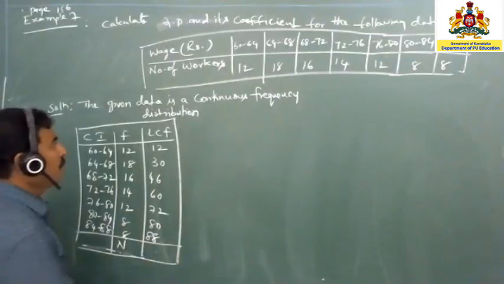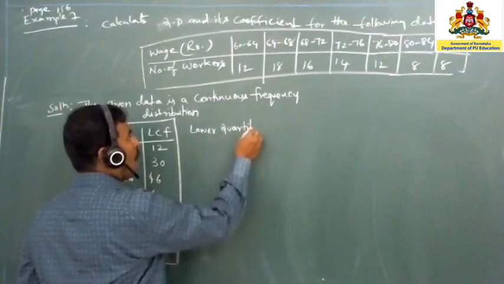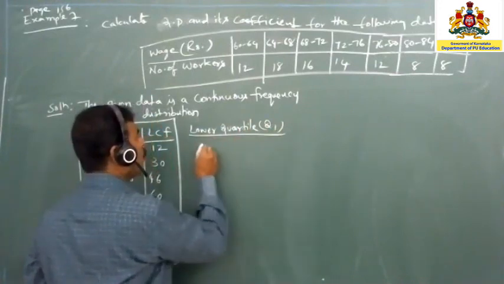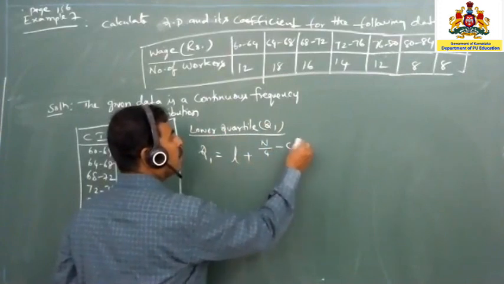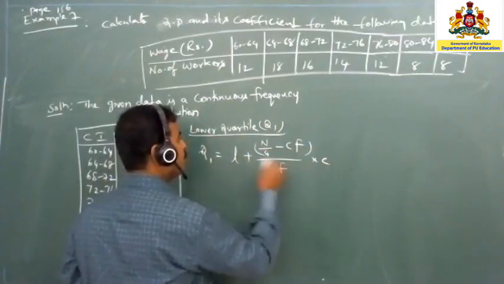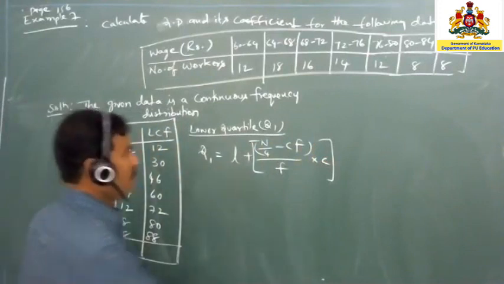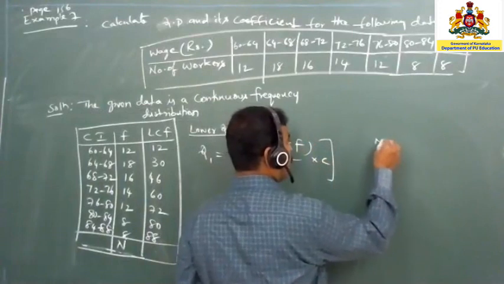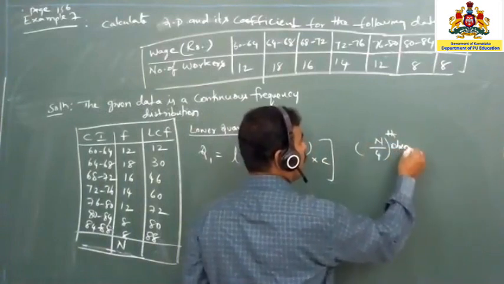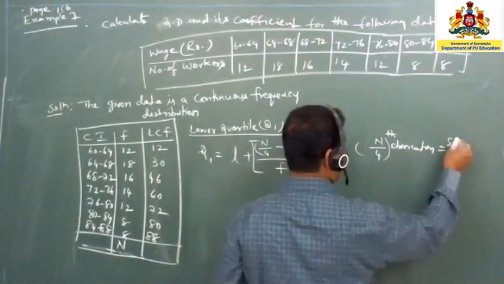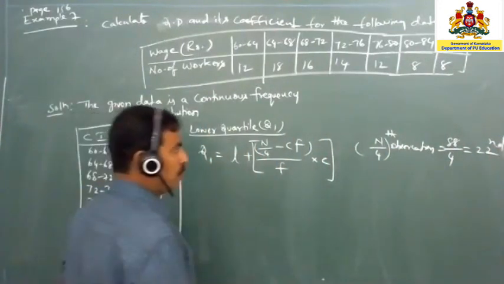For computing quartiles, the Q1 formula for the lower quartile in case of a continuous frequency distribution is Q1 equals L plus N by 4 minus CF by F into C. First identify the N by 4th observation: 88 by 4 equals 22, the 22nd observation.